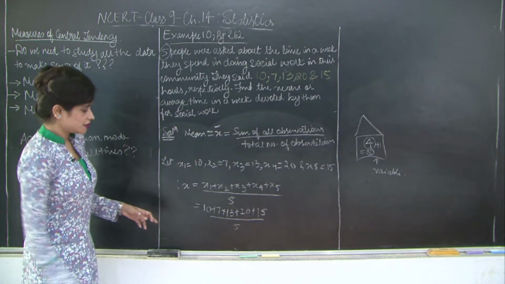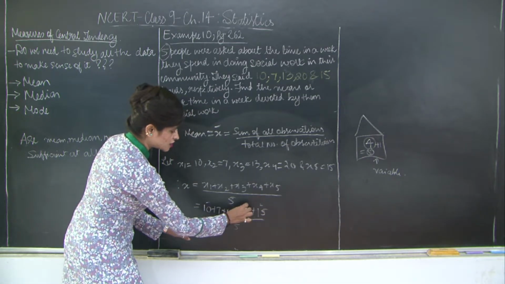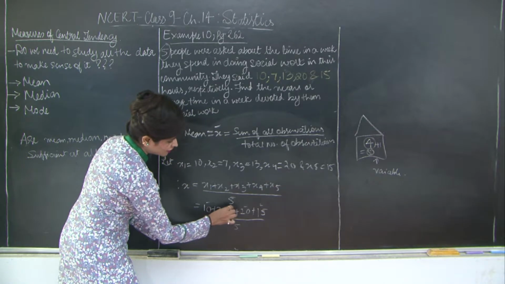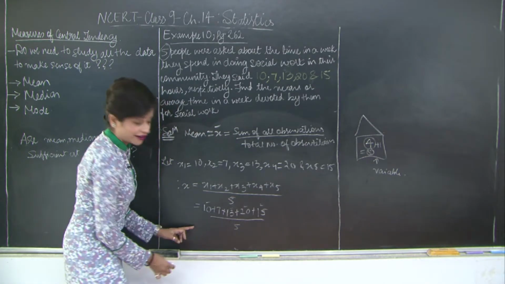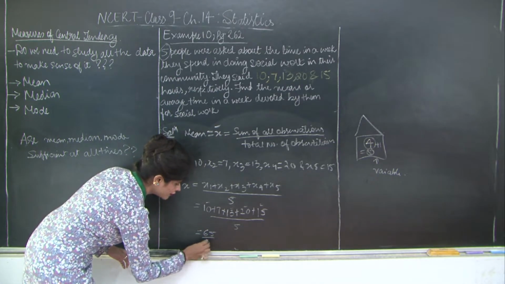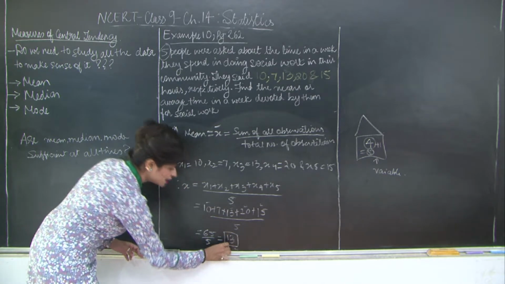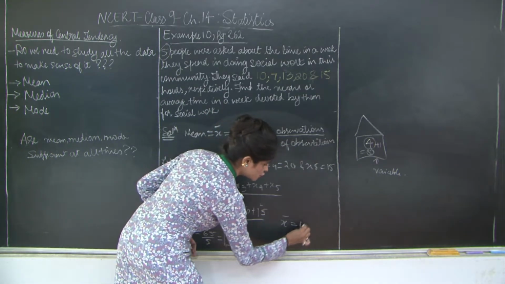Let's calculate. 10 plus 15 is 25, 25 plus 20 is 45, 45 plus 13 is 58, 58 plus 7 gives me 65. So 65 upon 5, 5 threes are 15, so your mean or x bar is going to be 15.